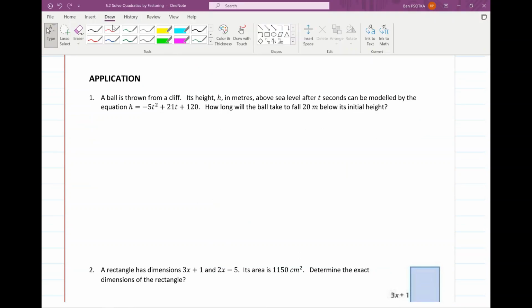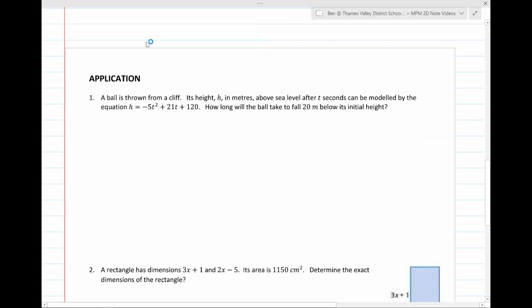Now we will continue on, so let's take a look at an application here. A ball's thrown from a cliff, its height in meters above sea level after t seconds.